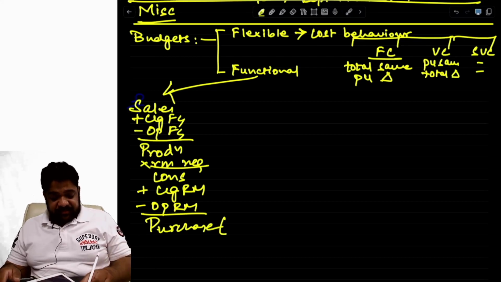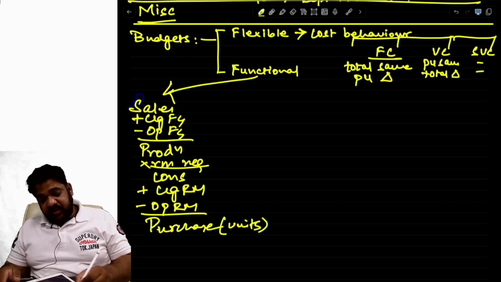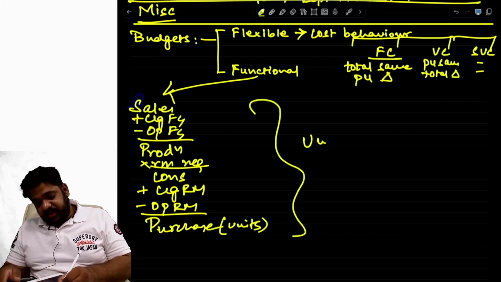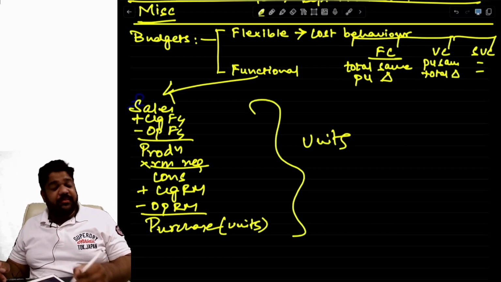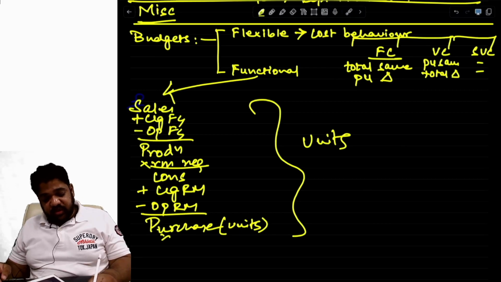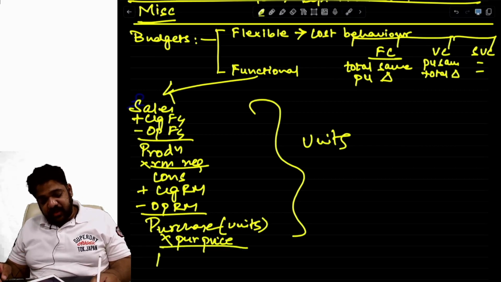This purchase budget will be in units. This entire thing runs on units. They may ask you purchase budget in value. So all that you have to do is multiply by the purchase price to get the purchase budget in value.